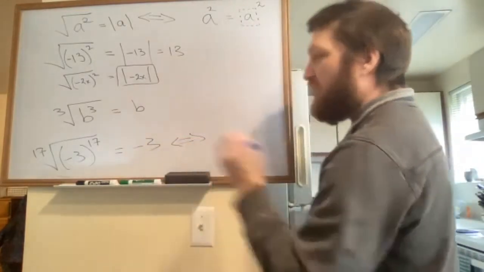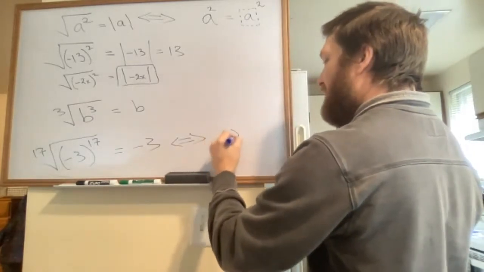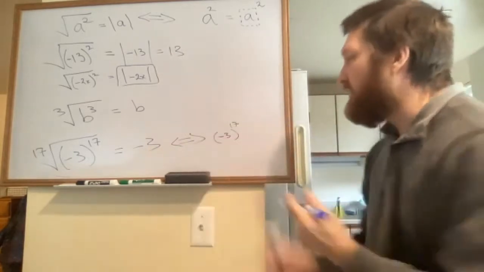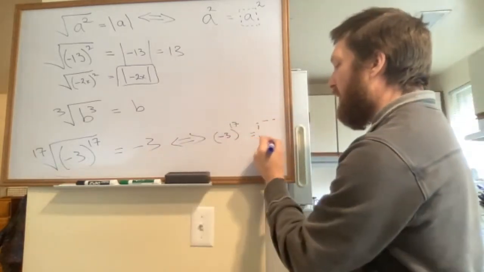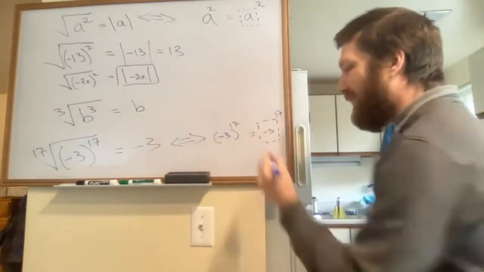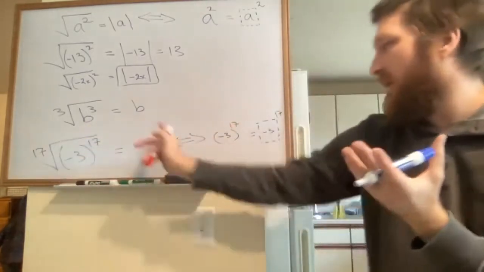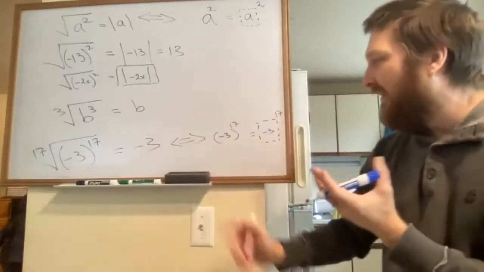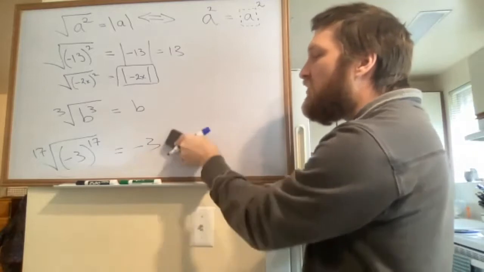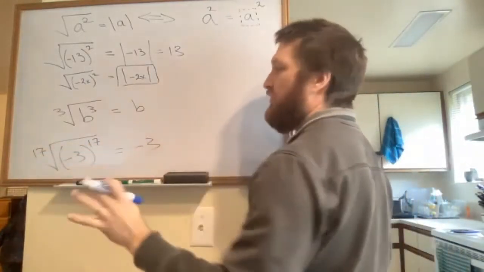We could say you took some number, raised it to the 17th power, and out popped -3 to the 17th power. What number did you raise to the 17th power to get it? Well, it must have been -3, right? And so that's the relationship. This is a fancy way of writing this thing right here. And so with odd number roots, we don't have to worry about the sign. Whatever we see in there, it just preserves the sign.